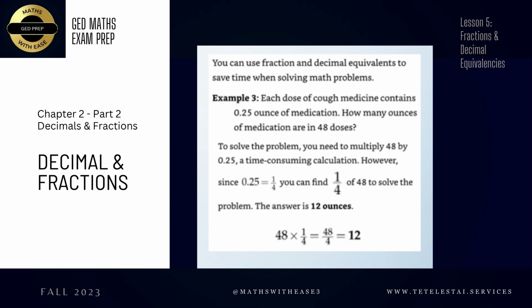You now have your top heavy fraction, that you can reduce further. 4 goes into 4 one time, 4 goes into 48 12 times. And now we have our answer: 12 ounces.